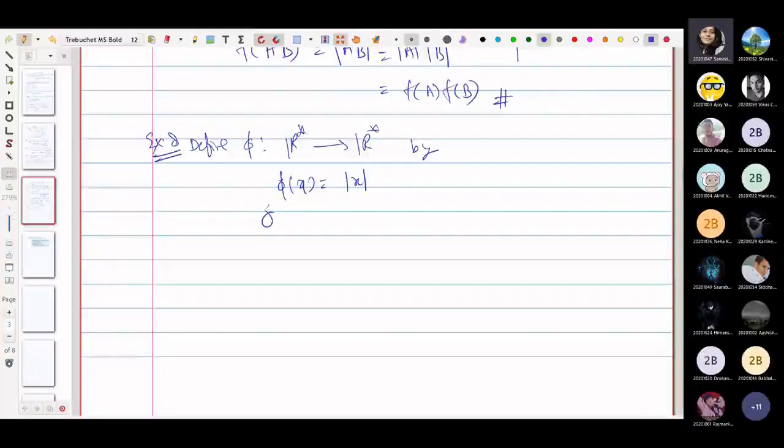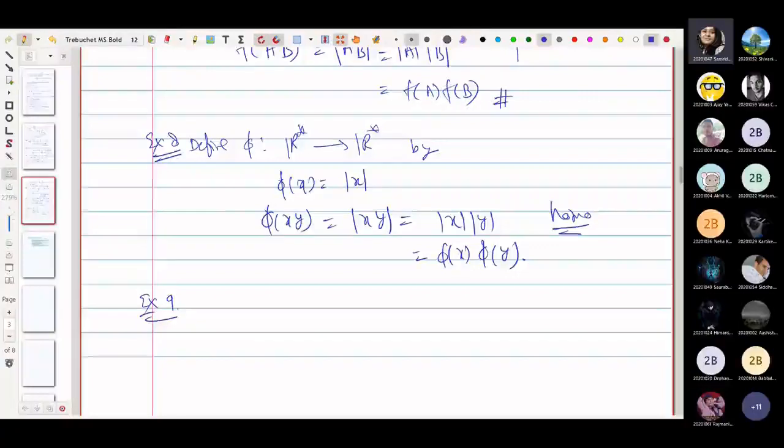Let us take two numbers, because this is a group under multiplication, so we need to write x times y. This equals the absolute value, or modulus, of xy. So we have x, then y, and this equals phi of x times phi of y. Okay, so this is also a homomorphism.